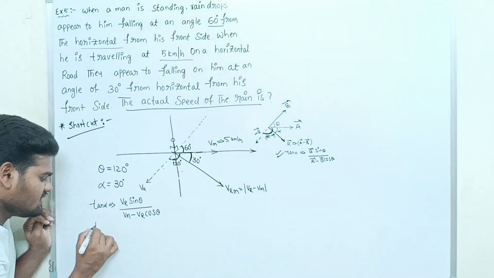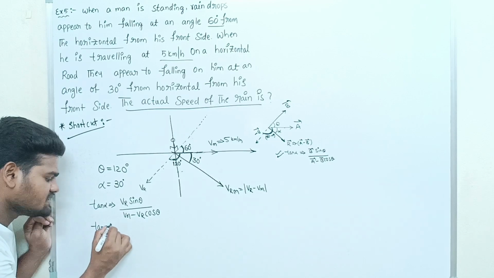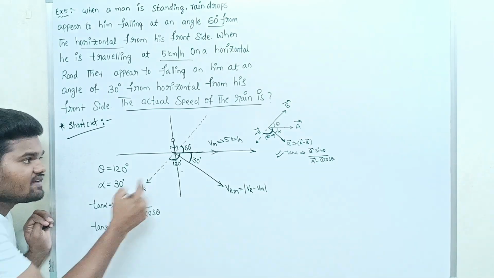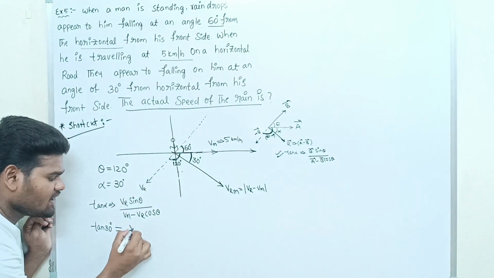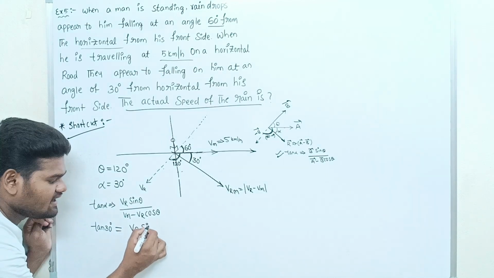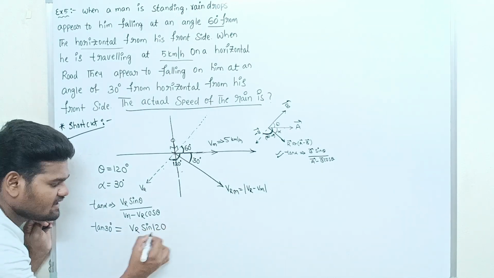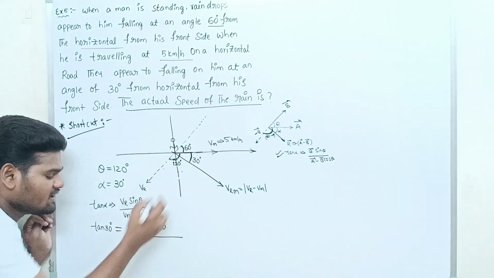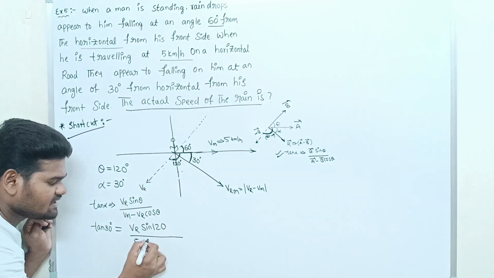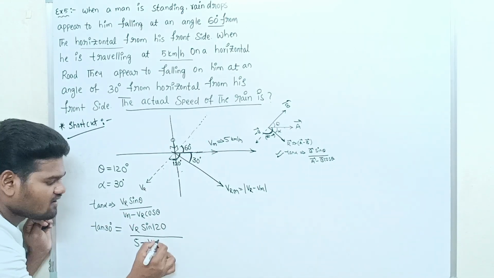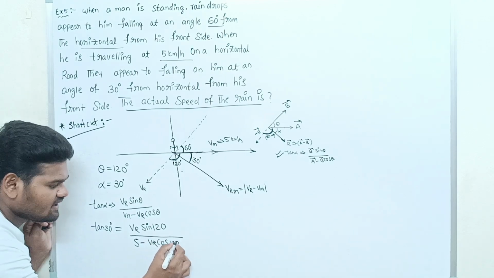So tan 30 degrees is equal to Vr, velocity of rain, how much? We don't know, we have to find. Sine 120 divided by velocity of man 5 minus velocity of rain, and we have to find cos 120.